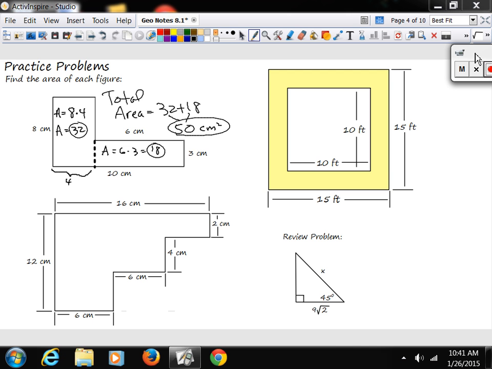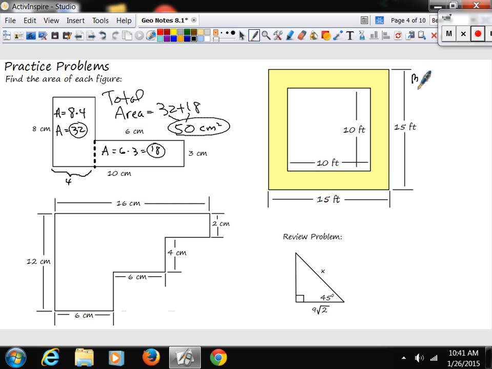Okay, so find the area of the big one. That gives me everything, right? If I find the area of the little one and I subtract that out, the only thing left over will be the shaded area. So that's going to be our plan. The plan is that we're going to take the big square and we're going to subtract the small square. And that's going to equal the shaded.